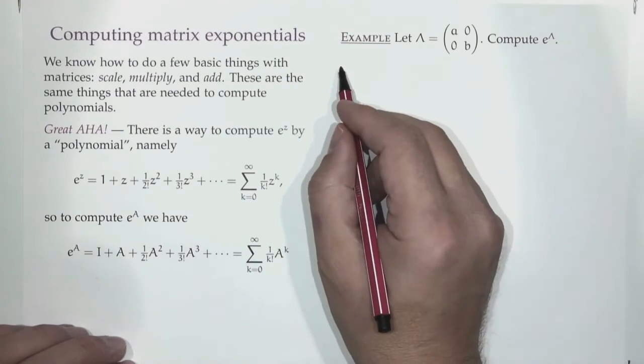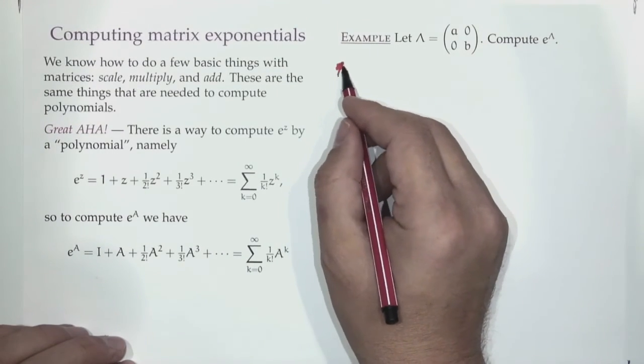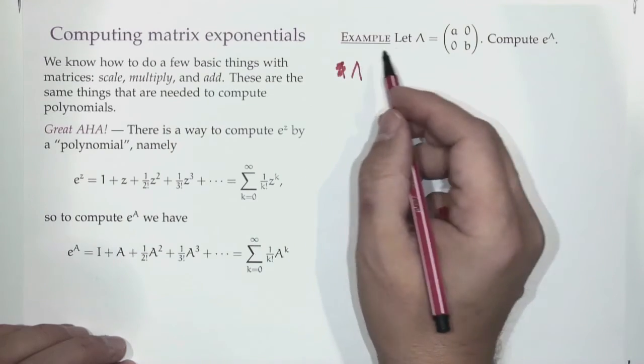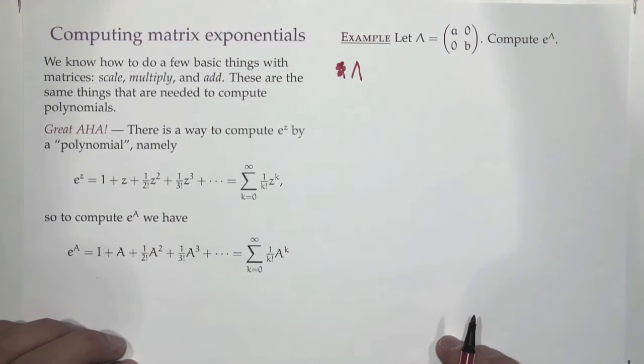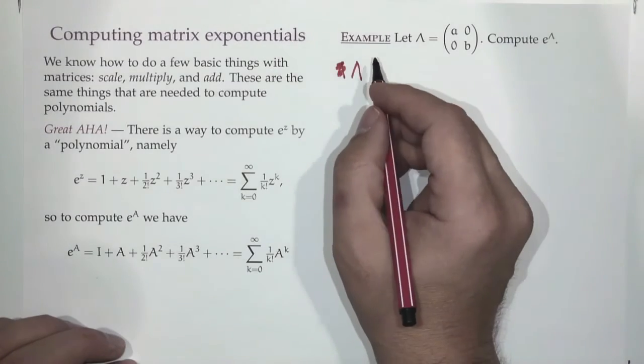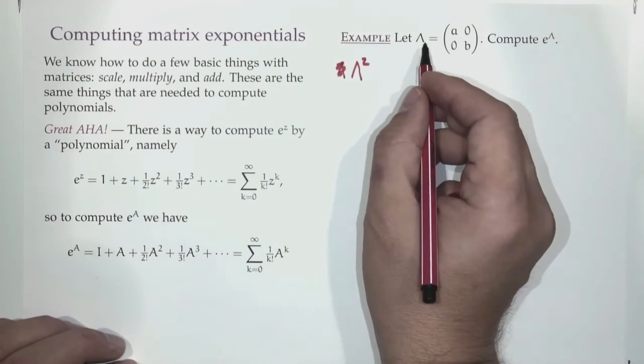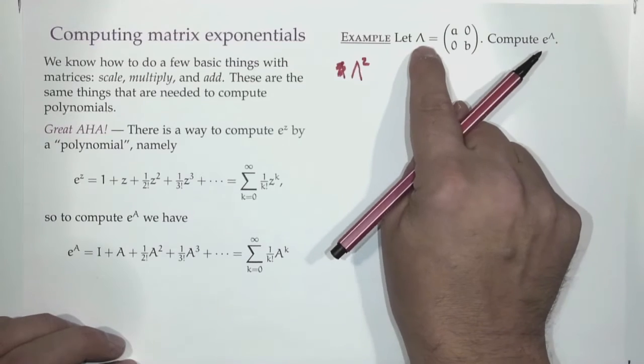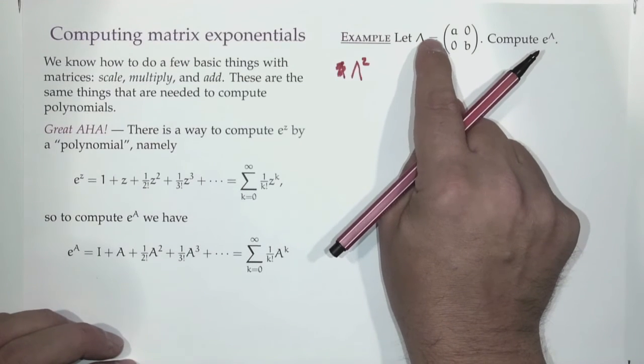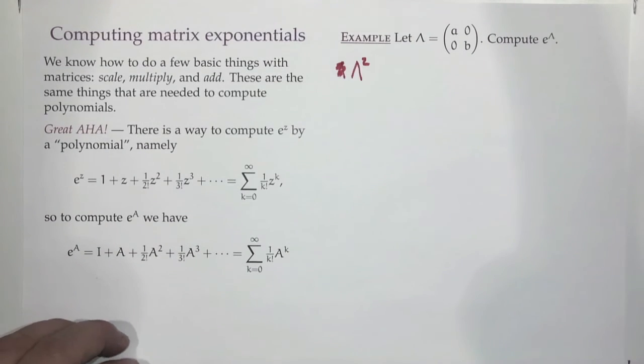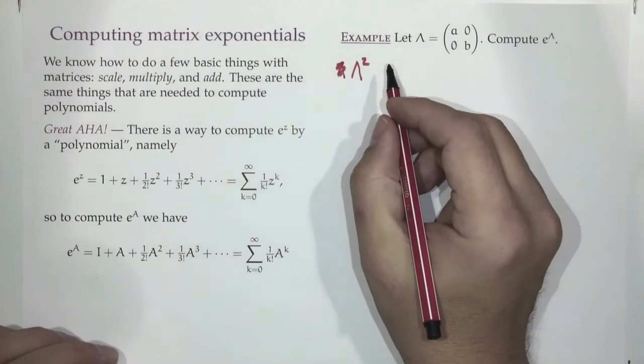This is capital lambda, not a mistyped a. The reason we use capital lambda is we usually use lowercase lambda for the eigenvalues, so somehow capital lambda is like all the eigenvalues thrown together.